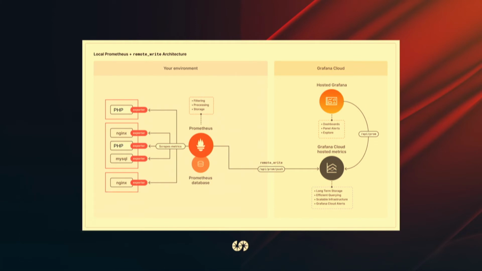The architecture is this: we have a lot of applications or components in our stack, so we can use Prometheus to instrument not only the PHP application, but also the web server, the database, the machine itself. We collect all those metrics, we store them on a local instance of Prometheus, and then we forward them to Grafana Cloud to be stored and visualized.